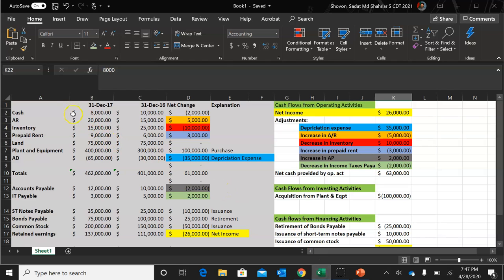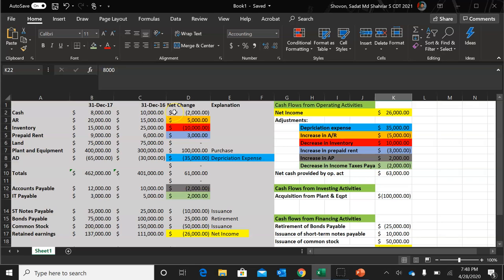So in this Excel sheet, I have taken into account the assets and liabilities from the prompt for the year 2017 and for the year 2016. Now, first I found all the net changes for the assets and liabilities for both years, December 2016 and December 2017. This is the accrual method.